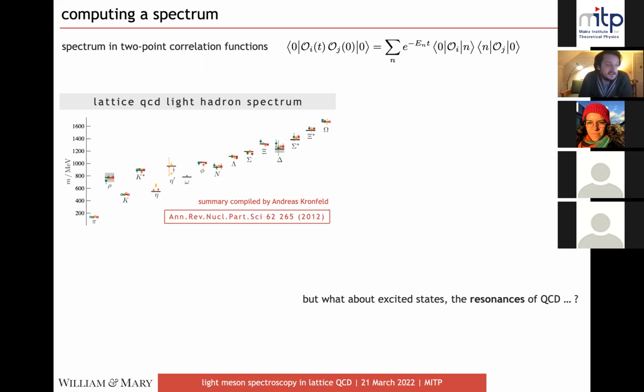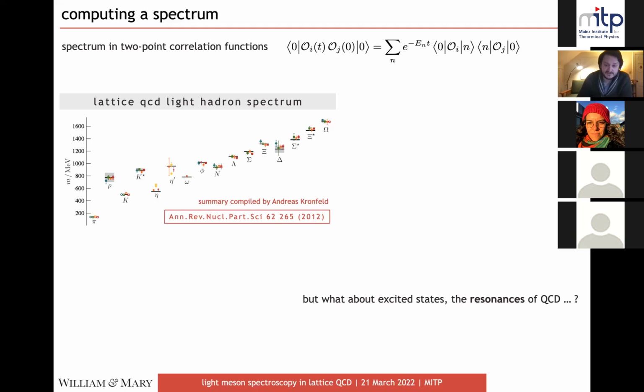So the simplest thing one can do is go to large times, and then this sum is going to be dominated by the lightest state with those quantum numbers. And so you can get rather precise results for the mass of the lightest state in each quantum number, in particular if it's a stable particle.